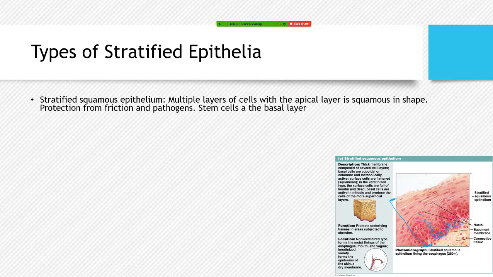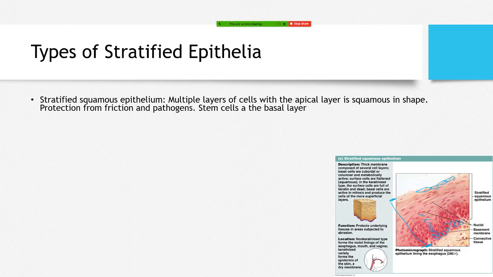Yeah, we want to be looking at the apical portions of it, the top layers, right? And if you look at the top layers, yes, these cells here are going to be kind of flat, right? And that tells you that's squamous. Okay, so first thing is to determine how many layers are there. In this case scenario, it's going to be stratified. And then we're going to look at what is the shape of these cells on the top layers, and it's going to be squamous.